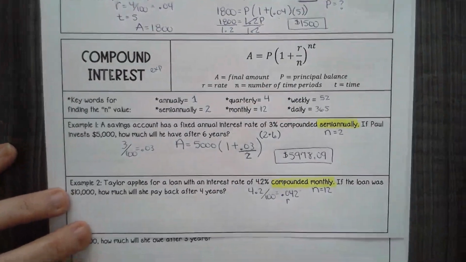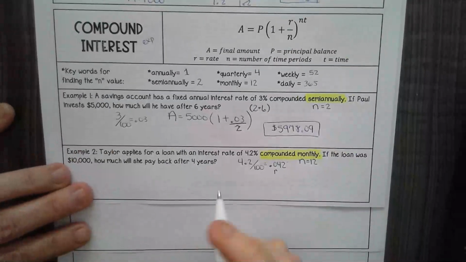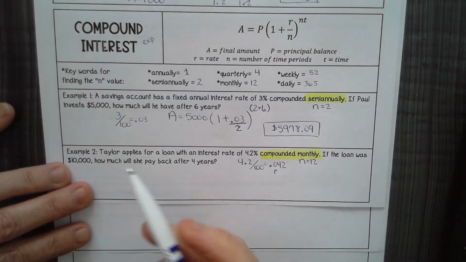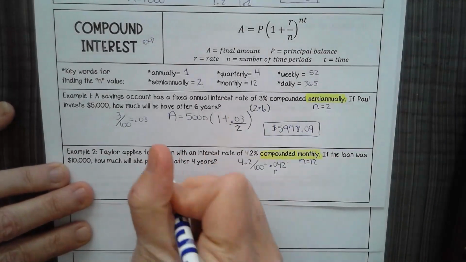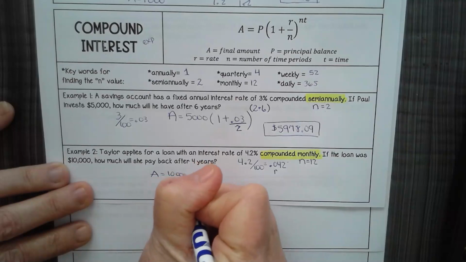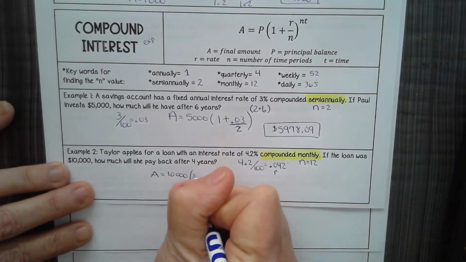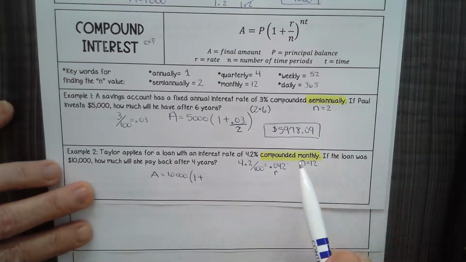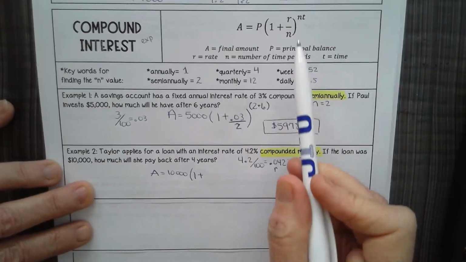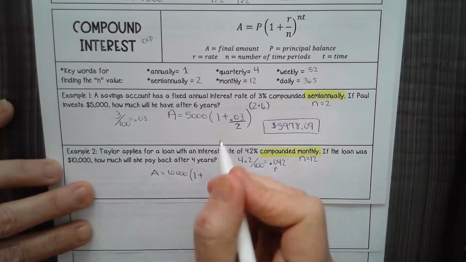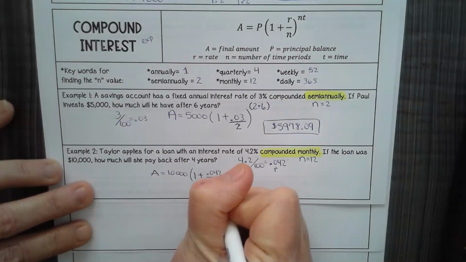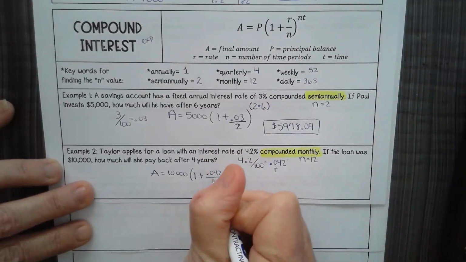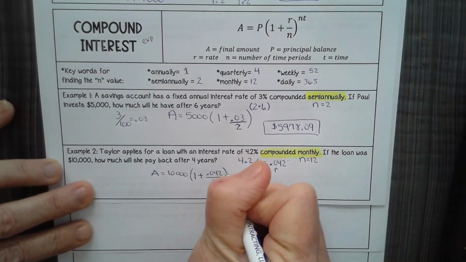So let's start to plug in here. The loan was for $10,000. One plus, and my rate is 0.042. I've got to divide that because it is compounded monthly, so n would be 12.